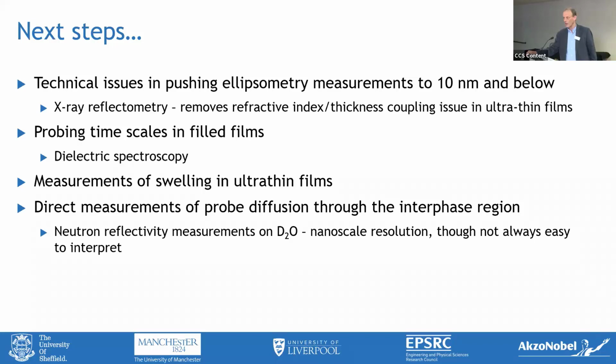So I think it could go either way. If there's a strongish interaction, you would expect slower diffusion through that region. On the other hand, if the interaction is weak, you could imagine it being faster. So it's all down to the sign and strength of that interaction.